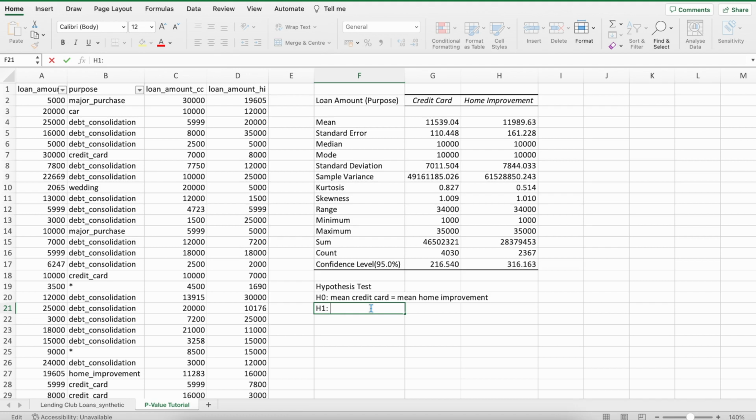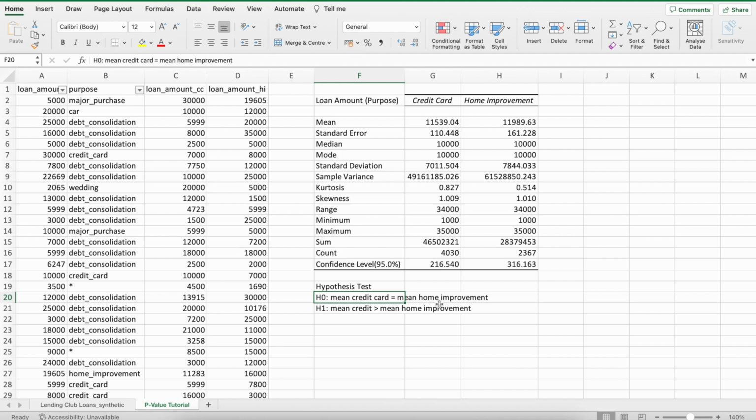It's typically just more than or less than, but it can be more than or equal to or less than or equal to. It's the same thing. So we'll just type in mean credit card is more than mean home improvement. Also, another thing is, if your null hypothesis states mean credit card on the left side and mean home improvement on the right side, you cannot change this for the alternative hypothesis.